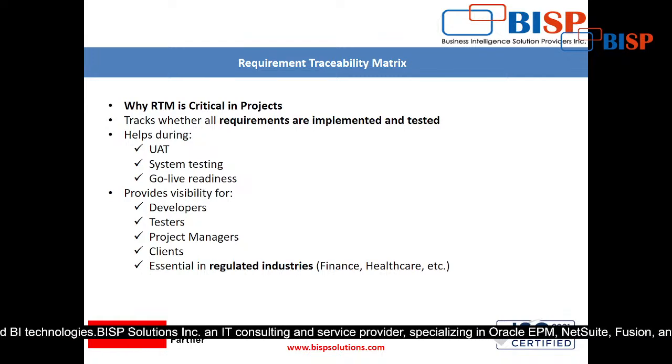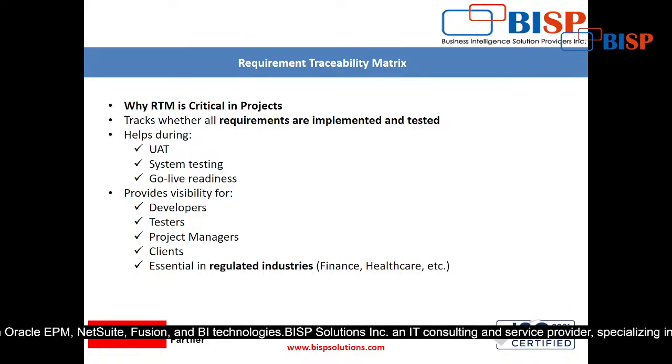Then go live readiness. Now once you have done this, right? If this RTM is completed, it means you are ready for go live, because you are working according to the RTM document, the requirement traceability matrix. If there are 5 steps in the purchase order, right?